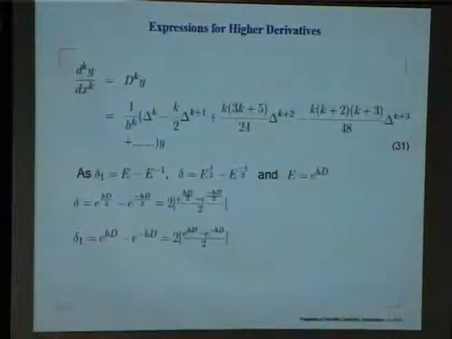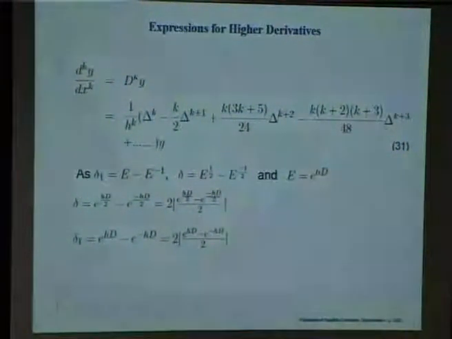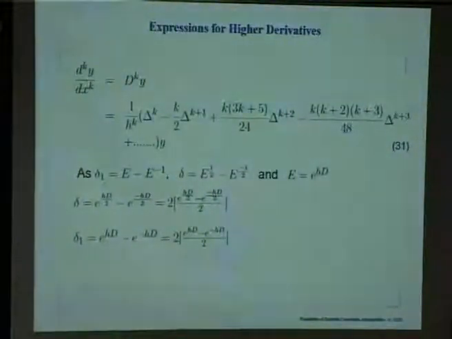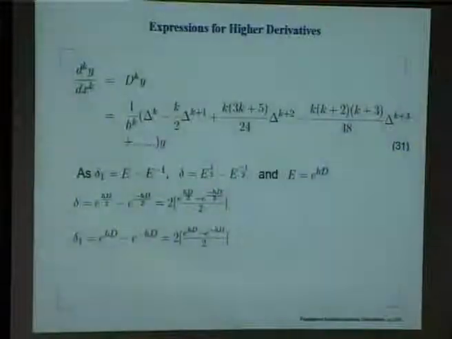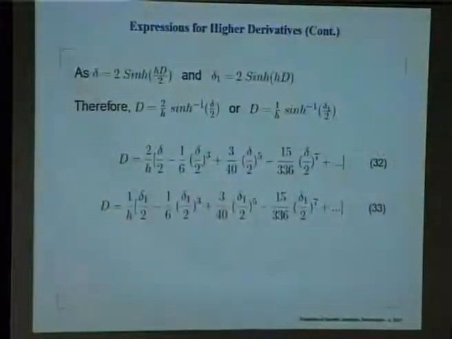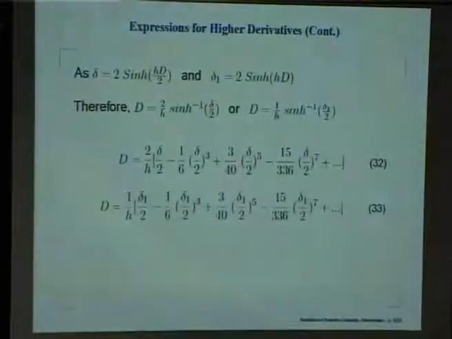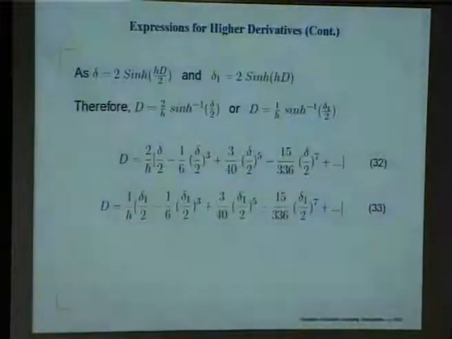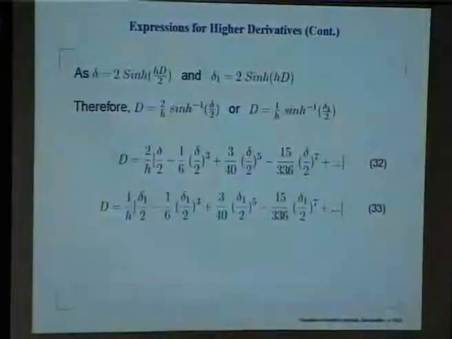So, that is what we get, and in terms of integral nodes, we could write this, and I suppose there is a factor of 2 missing, then this 2 will not be there. And what happens is then we could write the central difference operator as 2 times sine hyperbolic h d by 2, or delta 1 in terms of, please ignore this 2 part, the sine hyperbolic h d.